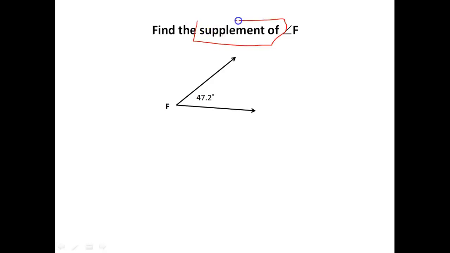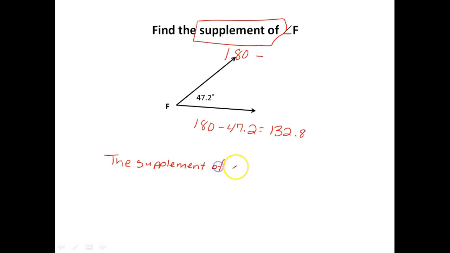Supplement of, so it's 180 minus, and this time it's going to be 180 minus 47.2, and you should get 132.8. So the supplement of angle F is 132.8 degrees.